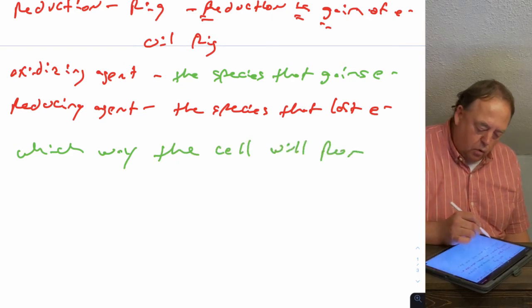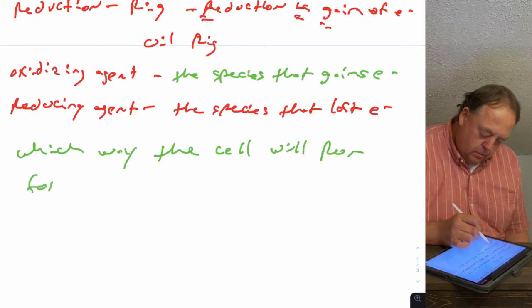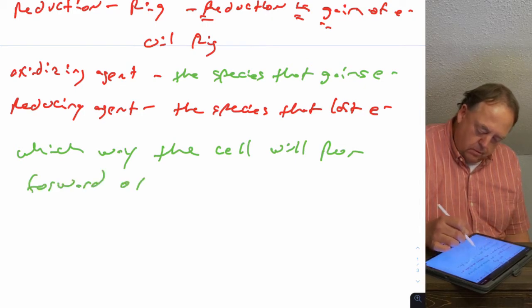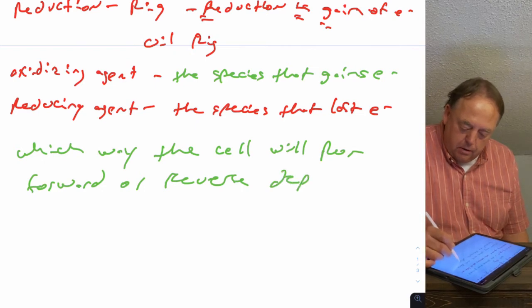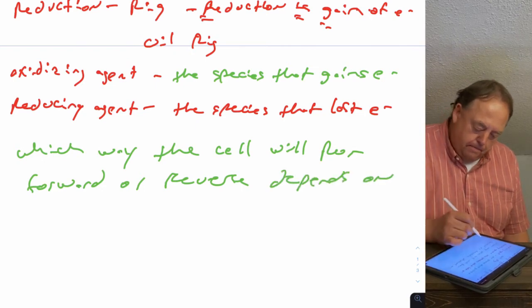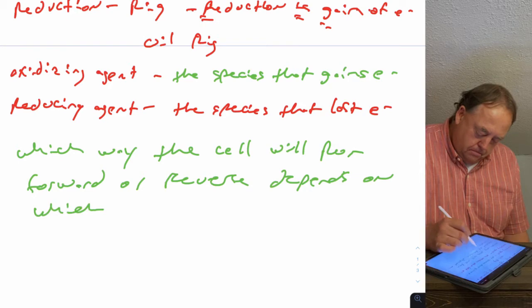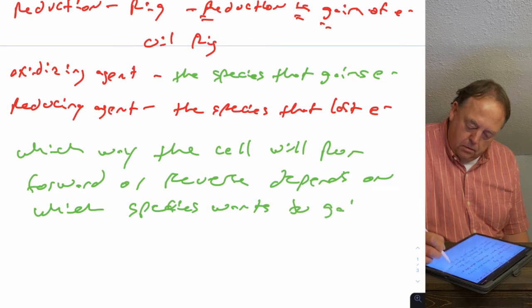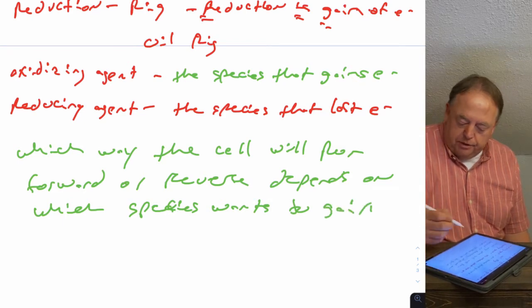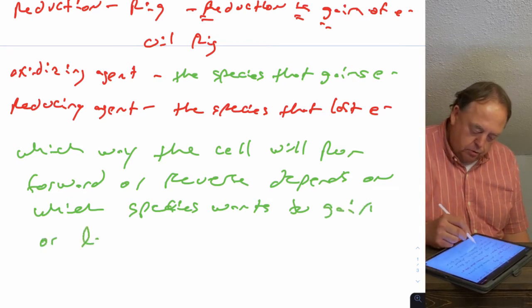So basically, which way the cell will run, forward or reverse, depends on which species wants to gain or lose electrons the most.